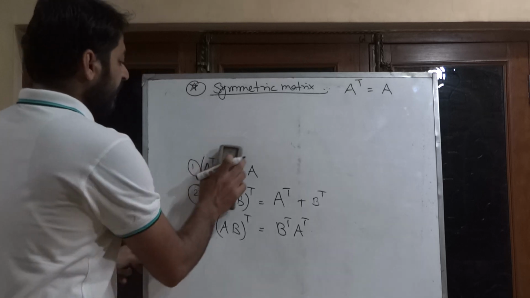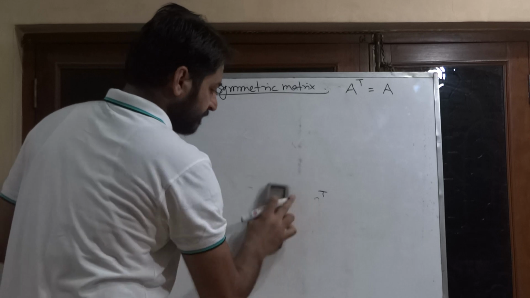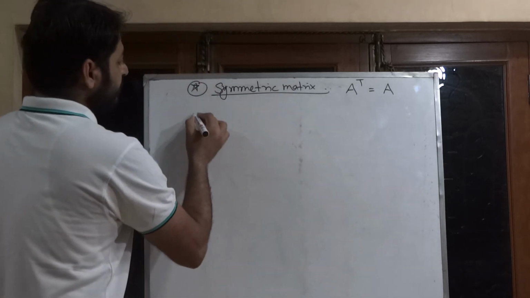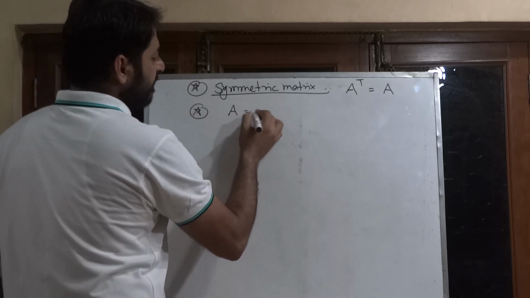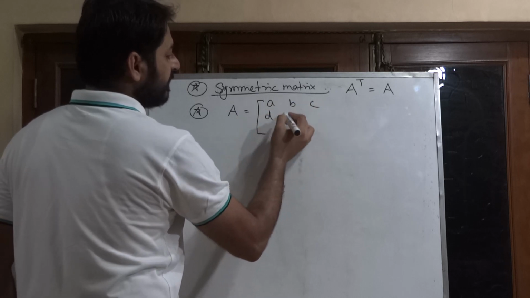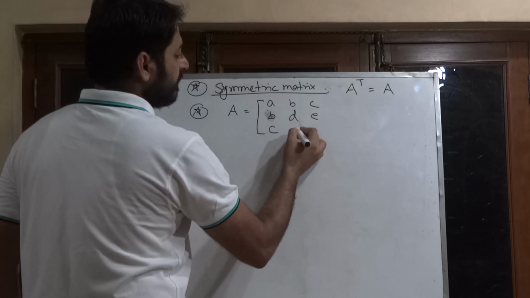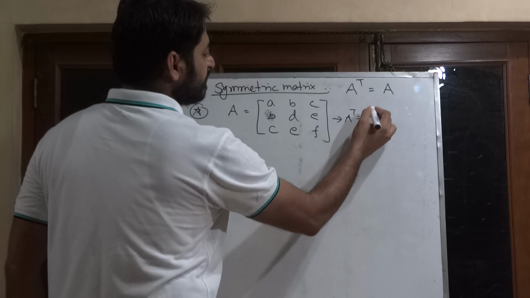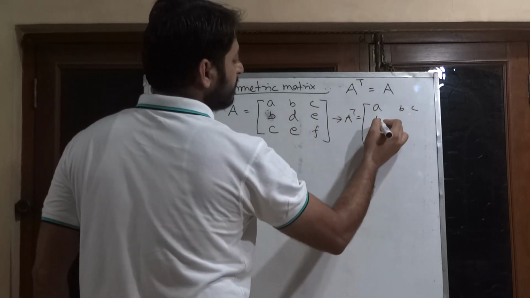If I give you an example of a symmetric matrix, like this one, suppose A is the matrix A, B, C, D, E, F. If you take the transpose of this, you will again get the same matrix.